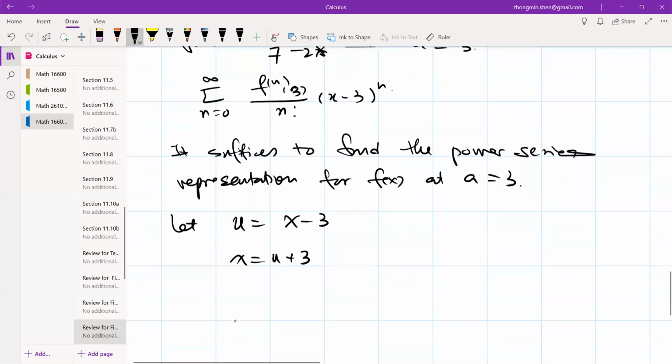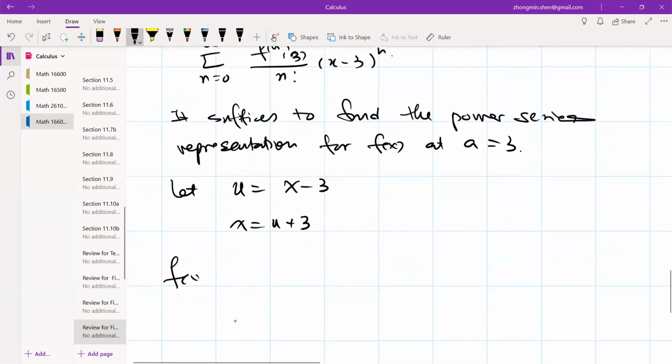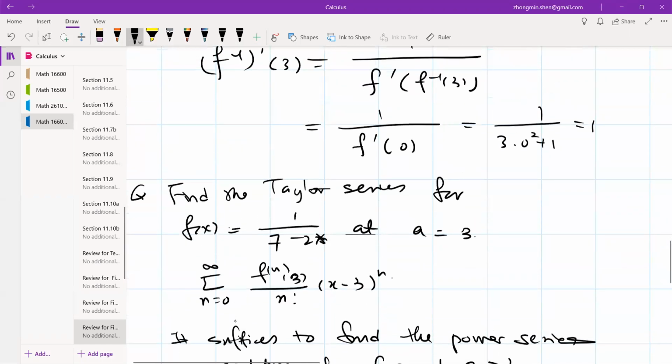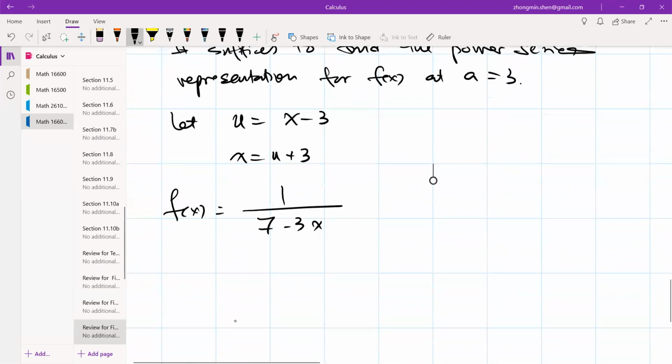So f of x is going to be 7 minus 2x. So that's going to be 7 minus 2 times x, and x is going to be u plus 3.